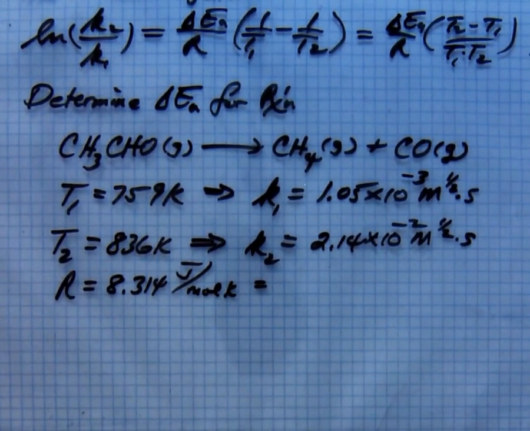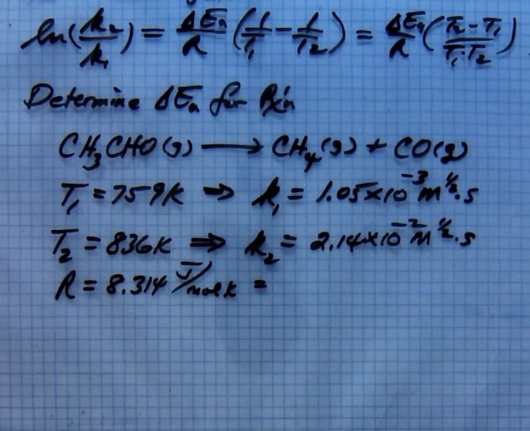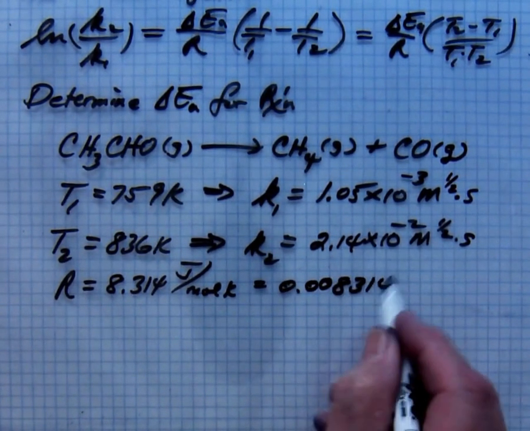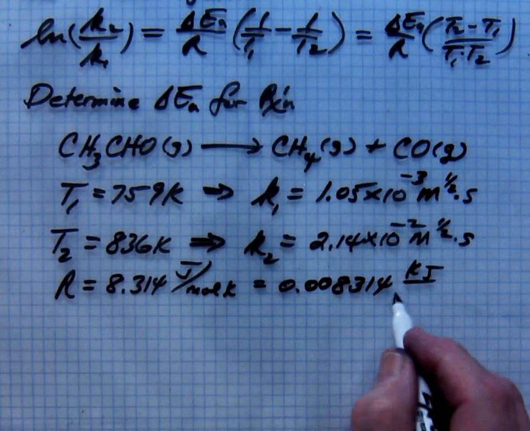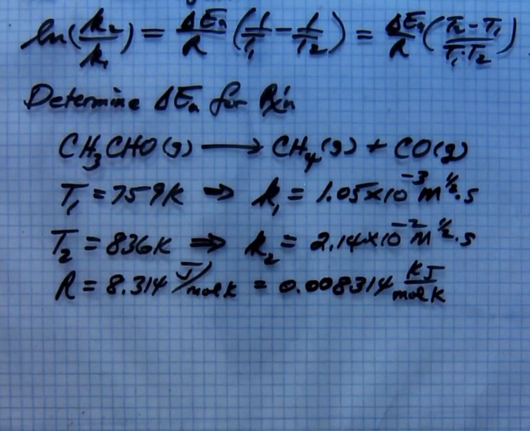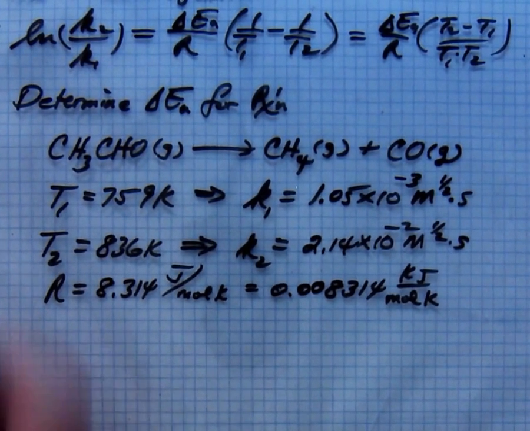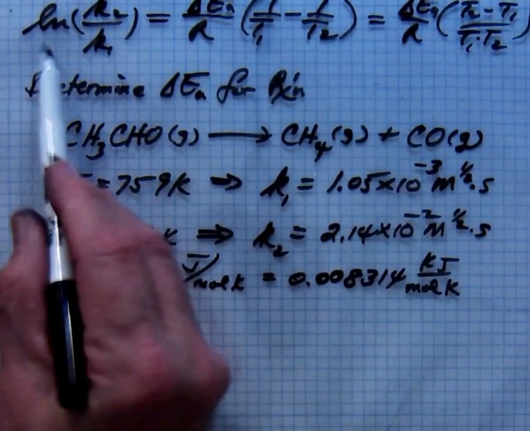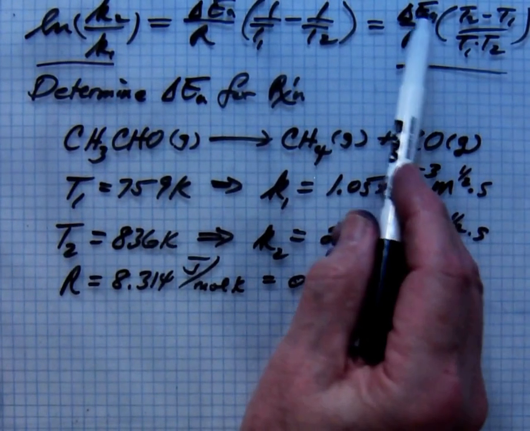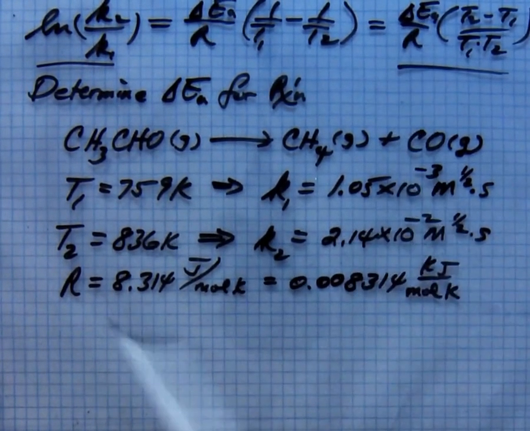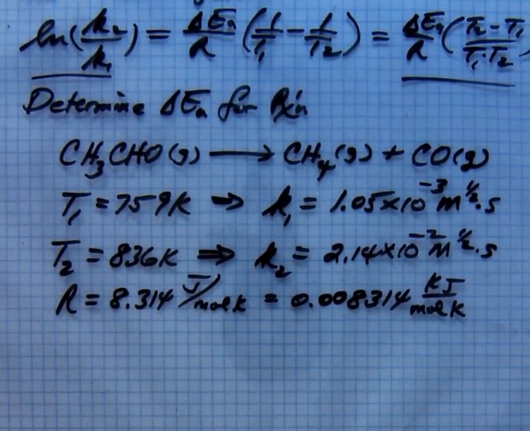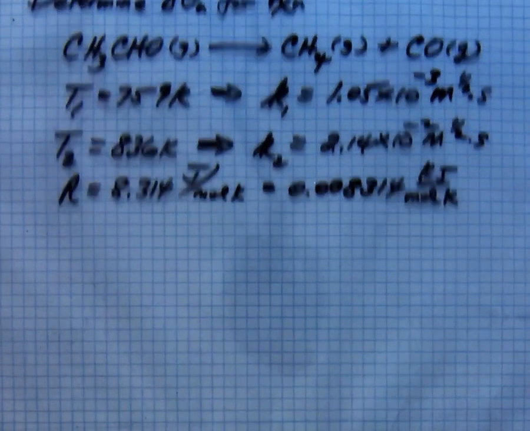But if we want the outcome to be in kilojoules per mole, we need to use 0.008314 kilojoules per mole Kelvin for the value of R. So if we take this expression and equate them, and then solve for E sub A, substituting the available data, we can determine the activation energy for the reaction.